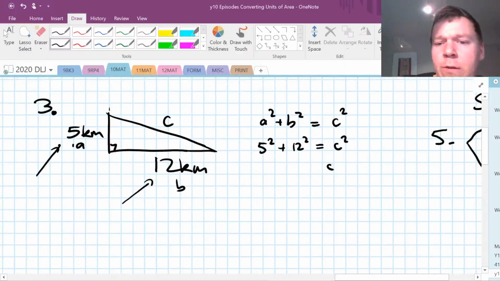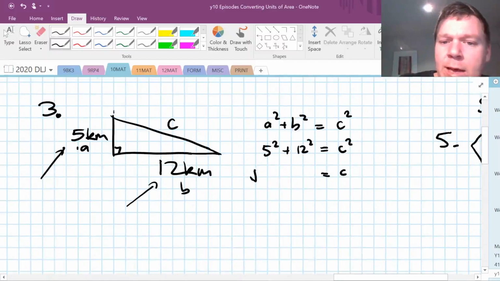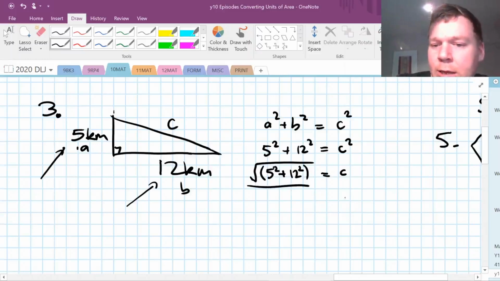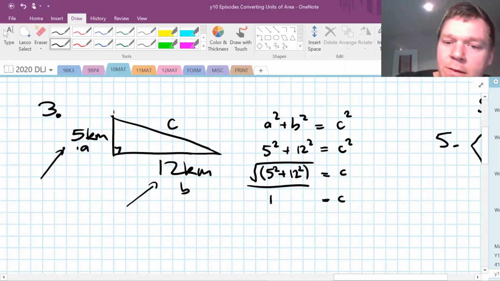So we can work out what C is by taking the square root of all of that. So 5 squared plus 12 squared. And if you plug all of that straight into your calculator, you will get C equals 13 kilometers.